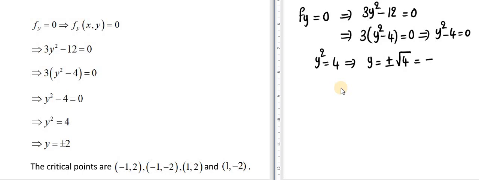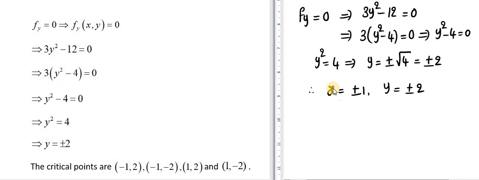We know the value of root 4, that is 2 only, that is 2. Therefore, by considering fx equal to 0, we get x equal to plus or minus 1. By considering fy equal to 0, we get y equal to plus or minus 2.